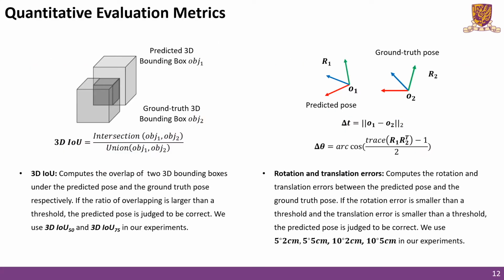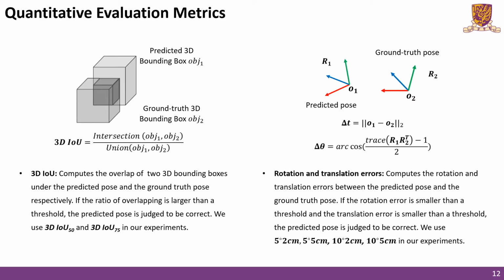We quantitatively evaluate the estimated 6D object pose on the following metrics. First, 3D IoU. It measures the accuracy of the predicted 3D object bounding box. The predicted pose and the ground truth pose can determine 2 3D bounding boxes. Only when the overlapping of these 2 boxes is larger than a predefined threshold, the predicted pose is judged to be correct.